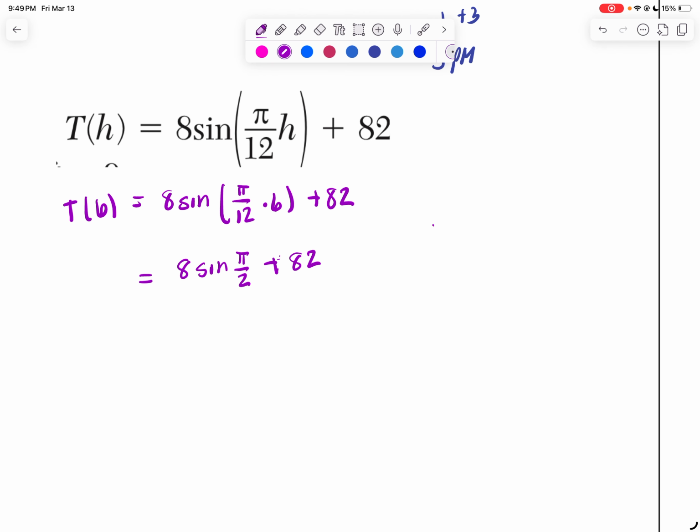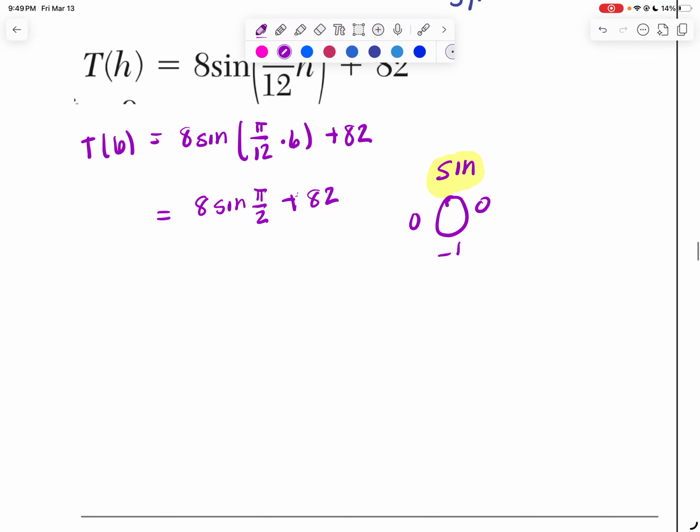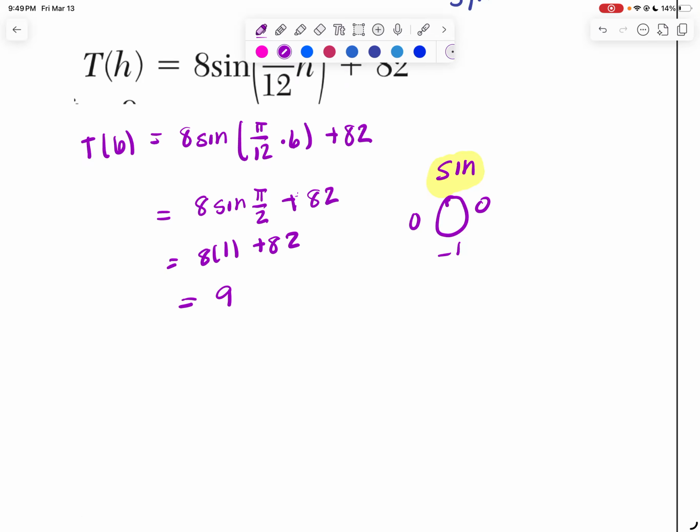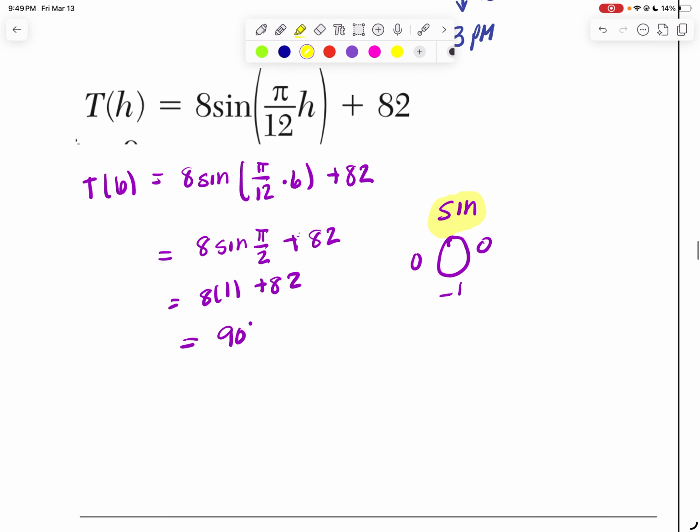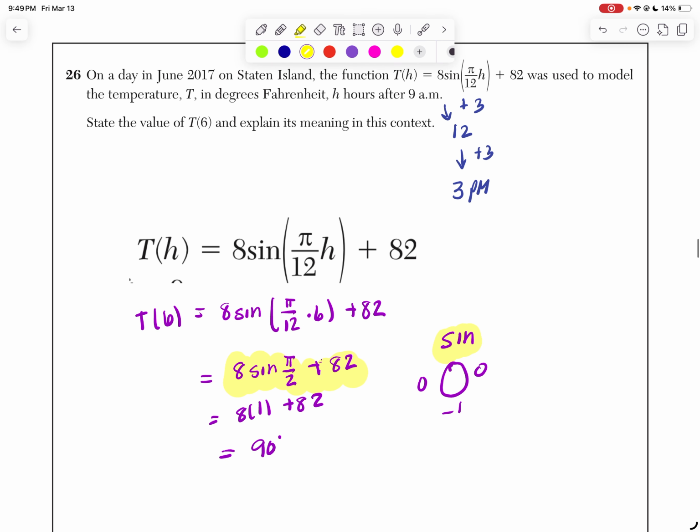I could also just type that into my calculator, and the sine of 90 is 1. So if I draw my sine circle, I'll see that sine is 1. And then when I simplify that further, I get 90 degrees. So remember, you could just type this part into your calculator and get 90.